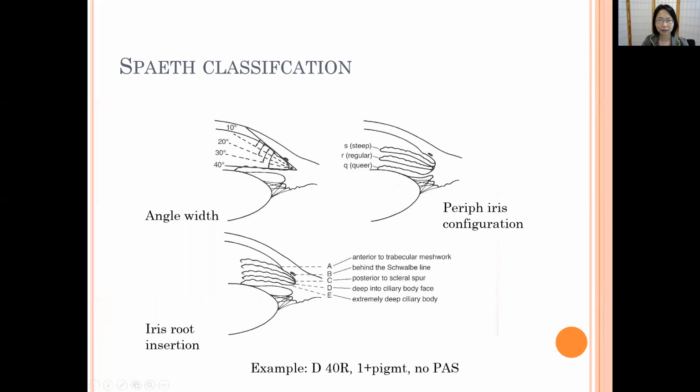The number here indicates the angle width and how the iris is with respect to the cornea, and you can see the angles measured here. And the other letter here is describing the iris configuration: steep, regular, and queer, where the iris is bowing backwards, which is common in pigment dispersion syndrome. Then we describe how much pigment is in the trabecular meshwork and if there's any PAS or neovascularization present in the angle.